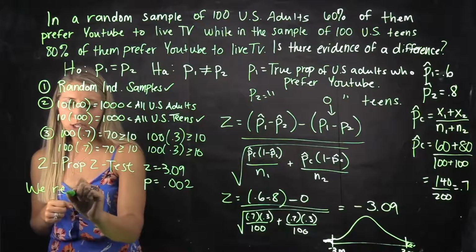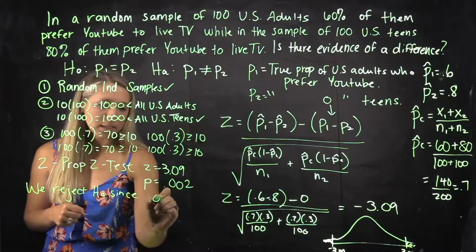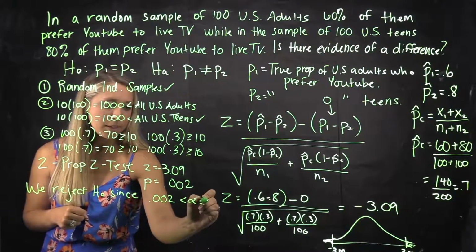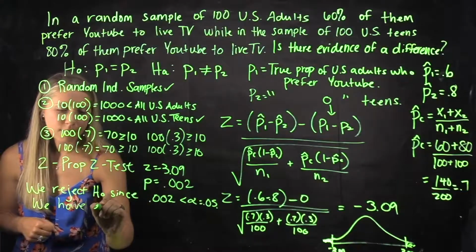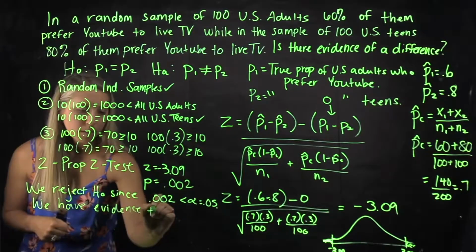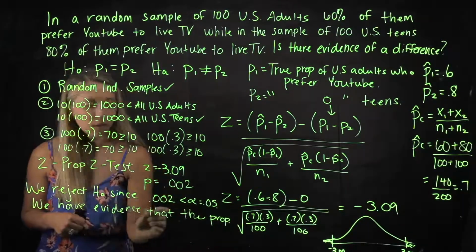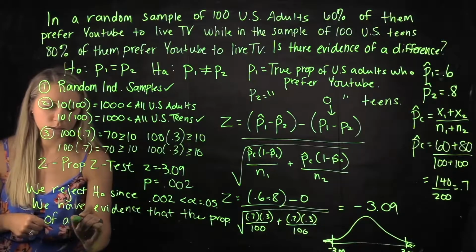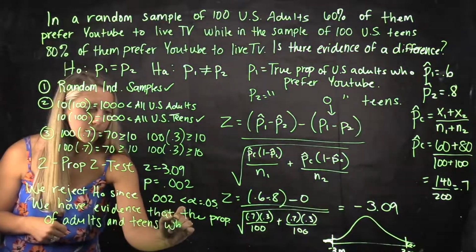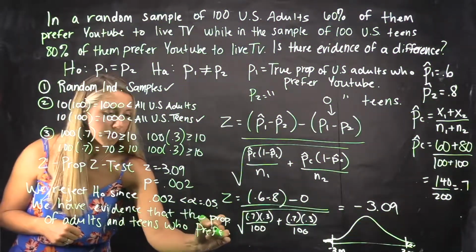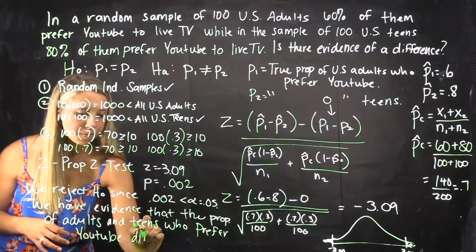So we reject H naught since 0.002 is less than our alpha that we generally set at 0.05. We have evidence that the proportion of adults and teens who prefer YouTube differs.